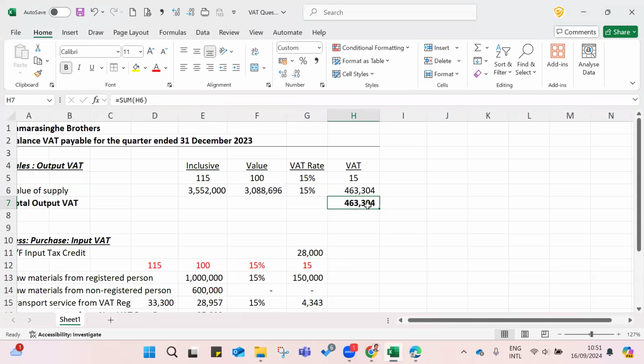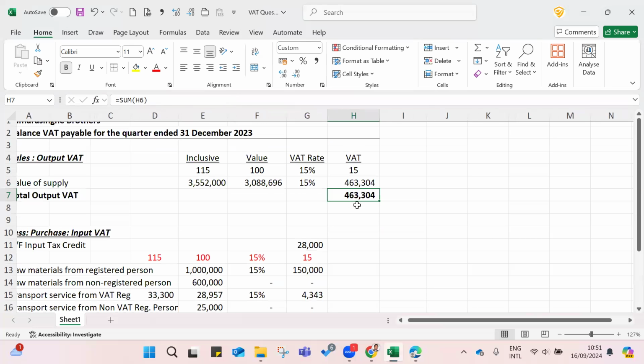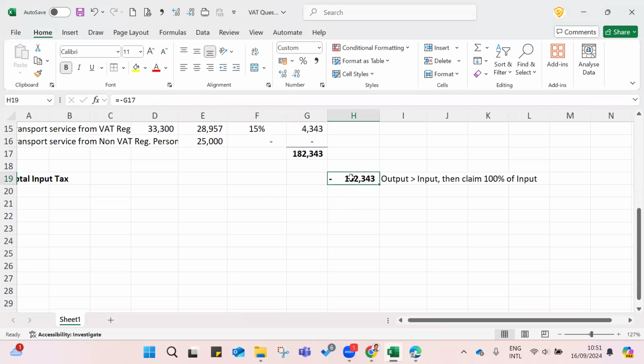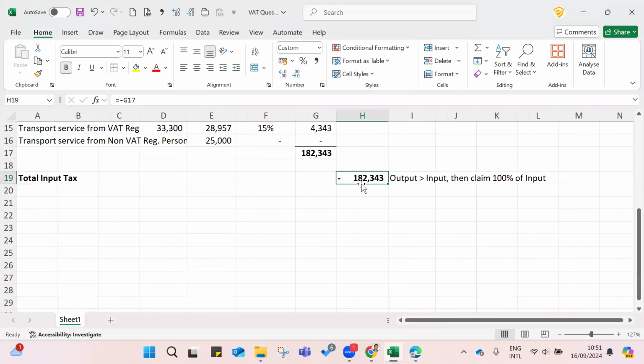Let's say you had here 100,000, 115,000, let's say 115,000. Then you can claim only 115 here. The total output you will declare here.